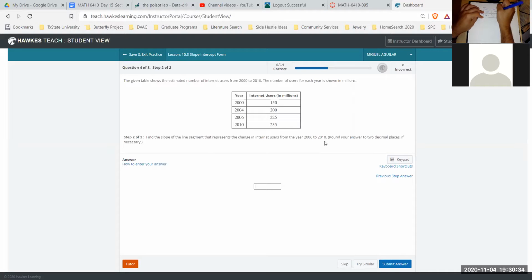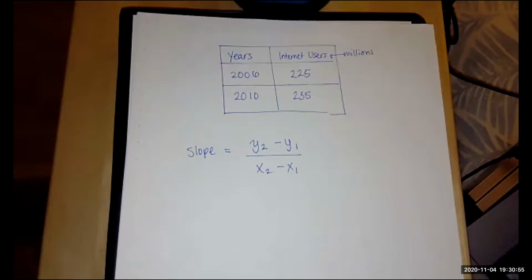So if this is 225 million there, and this is 235 million there, and we want to find the slope, well, the slope formula is y2 minus y1 over x2 minus x1. Okay, so let me stop sharing for a moment.